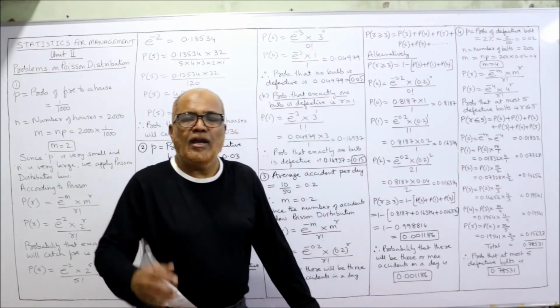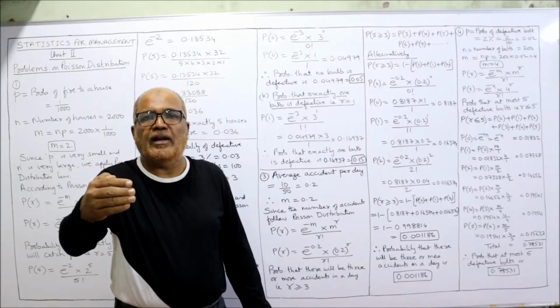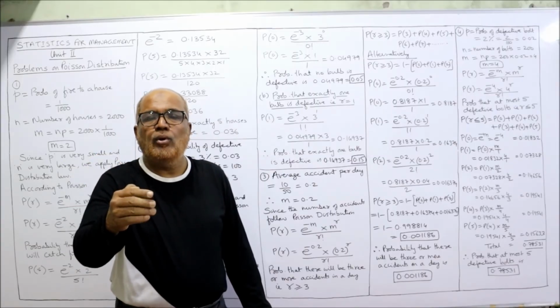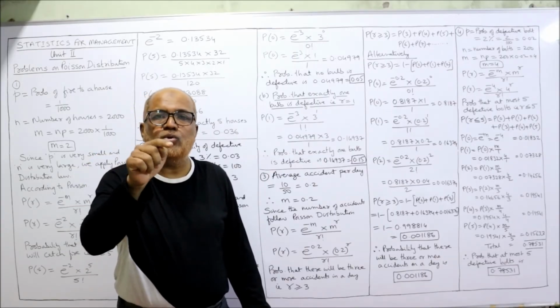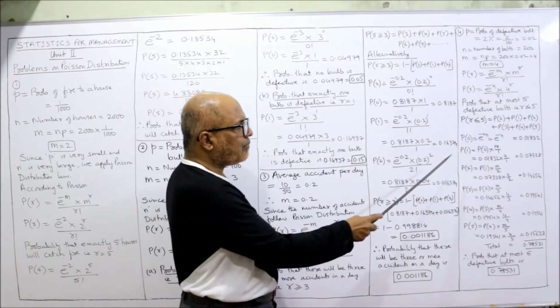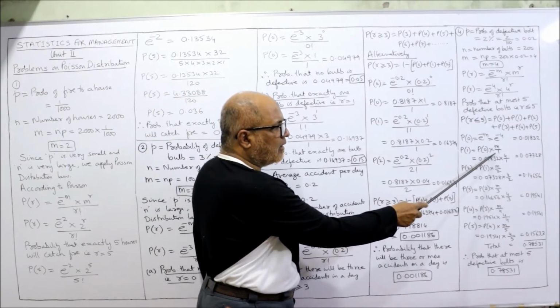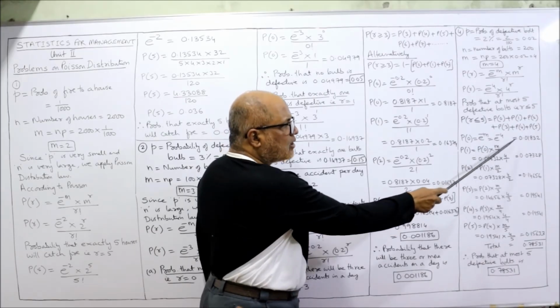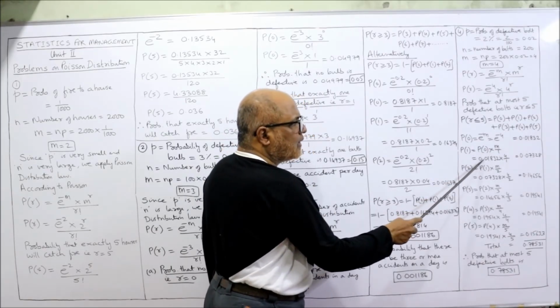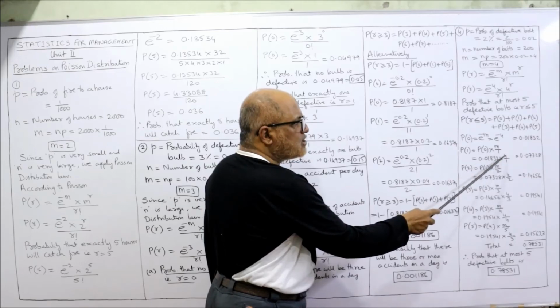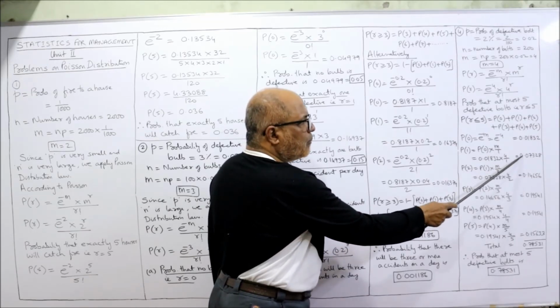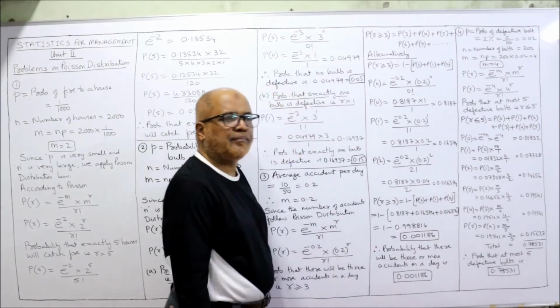We got the value directly, without applying the formula. Now second, P of 1 is equal to P of 0 into m by 1. P of 0, how much did we get? 0.01832 into m by 1. m is 4, so 4 by 1. You'll get 0.07328.